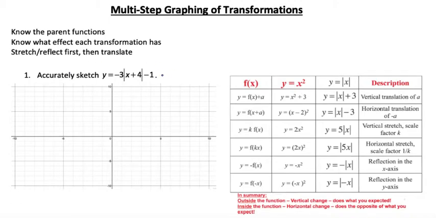Okay, so first of all, what is the parent function here? Well, the parent function, hopefully you realize, is the absolute value. And remember, that's just a line without any of the negatives, right? So I'm just going to put a point here at 5, and then at -5, I would also be at 5.